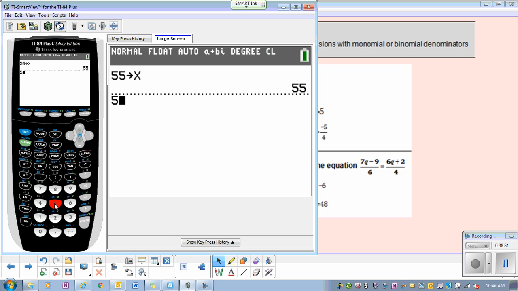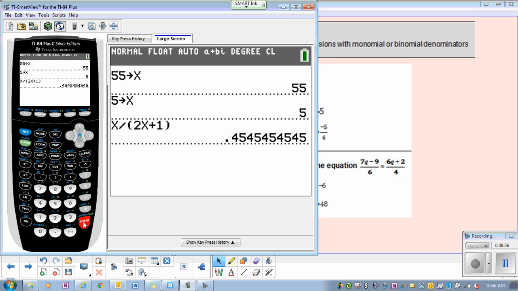And then I'm going to put in x divided by parentheses 2x plus 1. The thing about these rationals, if you have more than one term on the bottom or on the top, you have to put it in parentheses. When I hit enter, I get this decimal. Let's see, math enter, enter. 5/11. It's not 4/3. So B is out.